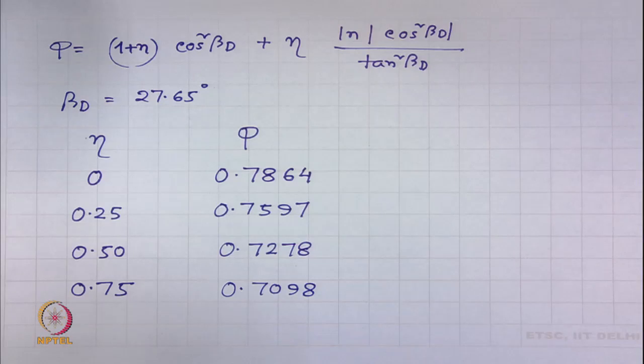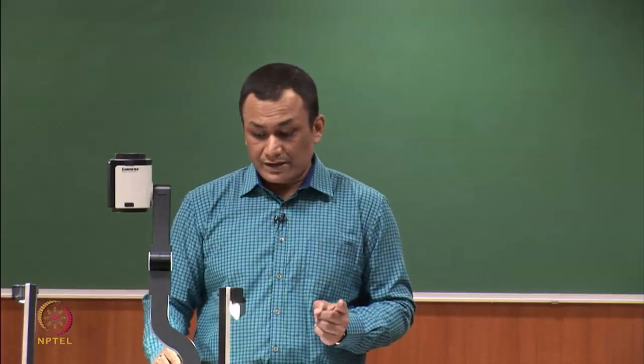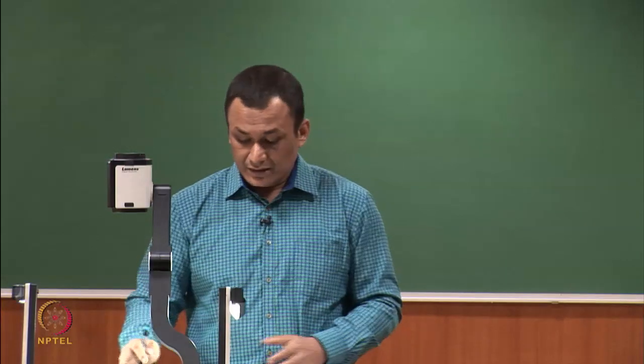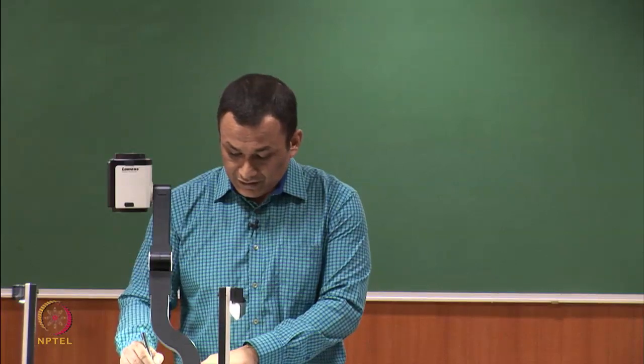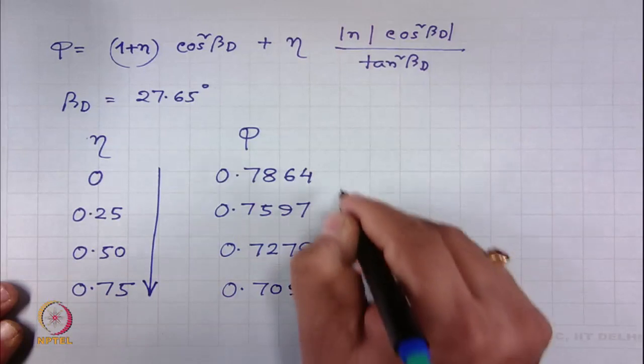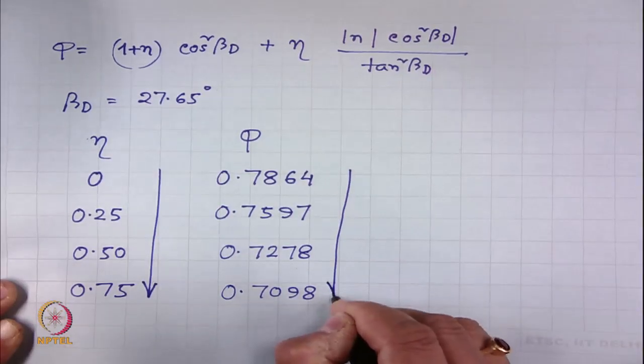What we see is that for a given yarn where beta d is fixed at 27.65 degree, as contraction ratio increases, tensile force utilization coefficient decreases.